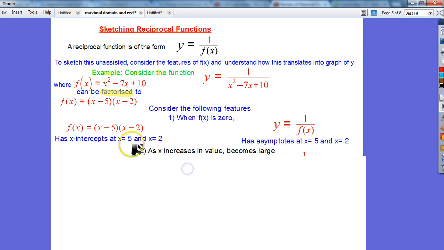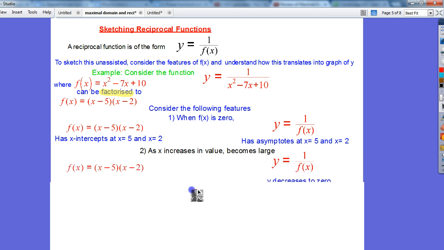What's the next point? Well, what happens as x increases in value and gets larger and larger? If the y values of f of x increase and get larger and larger, then the reciprocal function y values will decrease and get smaller and smaller, because it's a fraction.